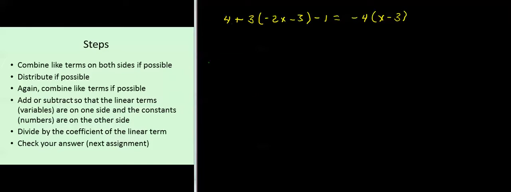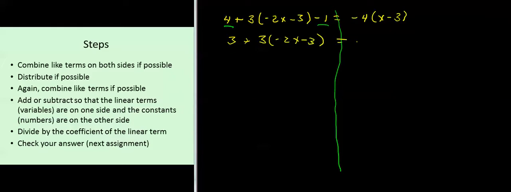Step 1 says to combine your like terms. I see I have like terms there, and so I'm going to combine them. 4 and negative 1 is 3, plus 3 times negative 2x minus 3 equals negative 4 times the quantity x minus 3. Step 2, distribute.